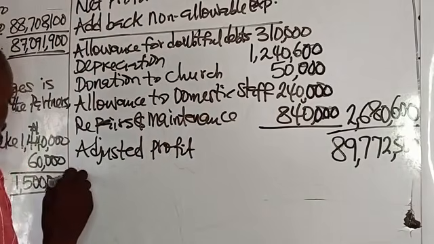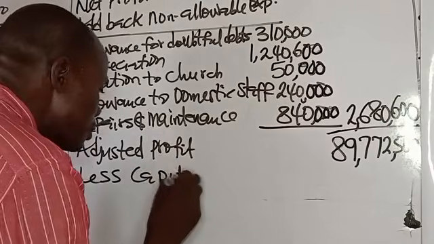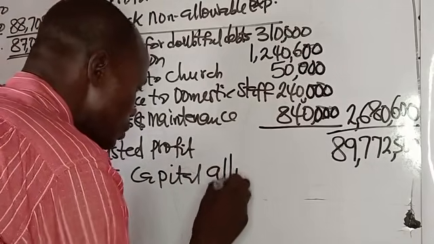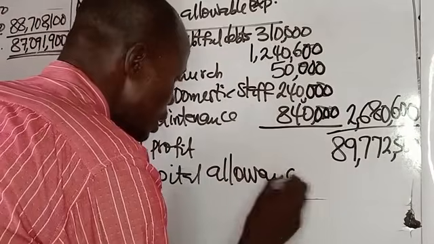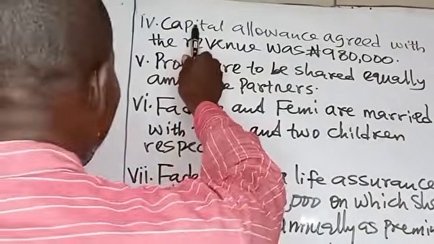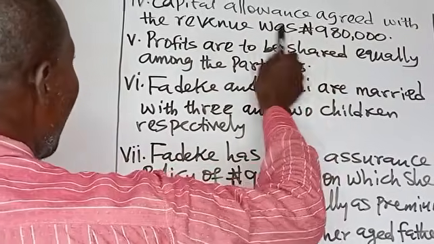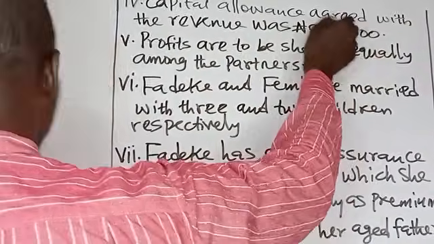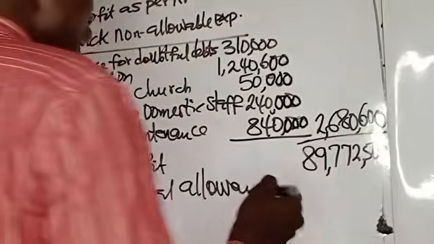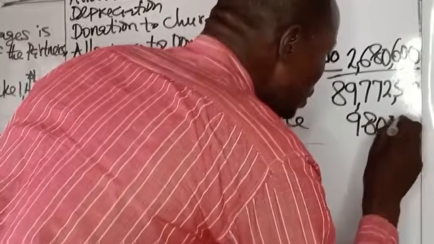From our adjusted profit, we less capital allowance. How much is the capital allowance? Note 4. Capital allowance agreed with the relevant revenue was 980,000 naira. That is the capital allowance, 980,000 naira.